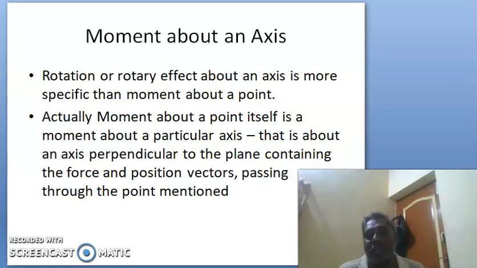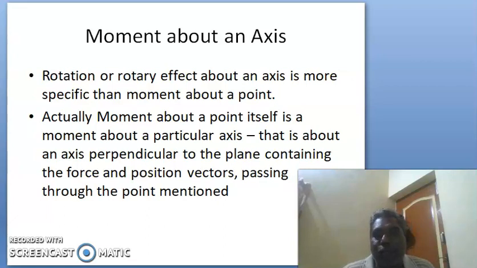Here, rotation or rotary effect about an axis is more specific than moment about a point. Actually, moment about a point itself is a moment about a particular axis, that is, about an axis perpendicular to the plane containing the force and the position vectors passing through the point mentioned there.